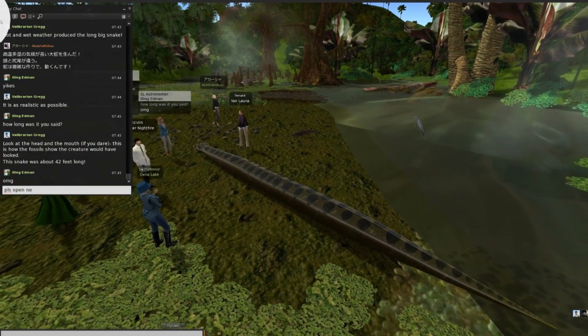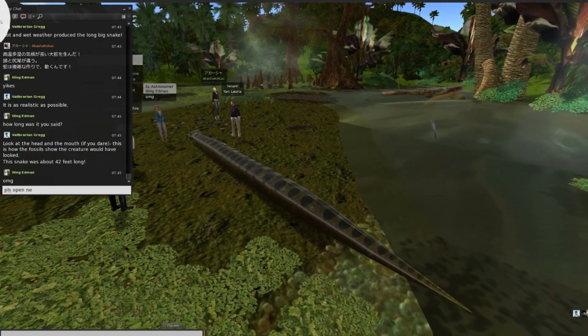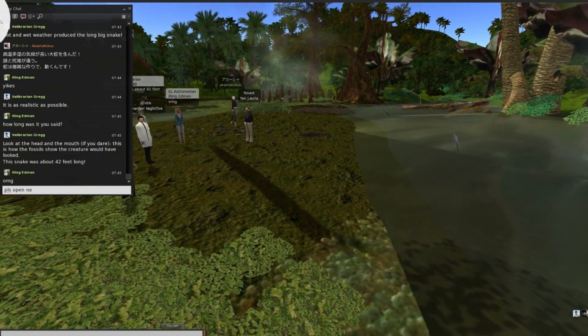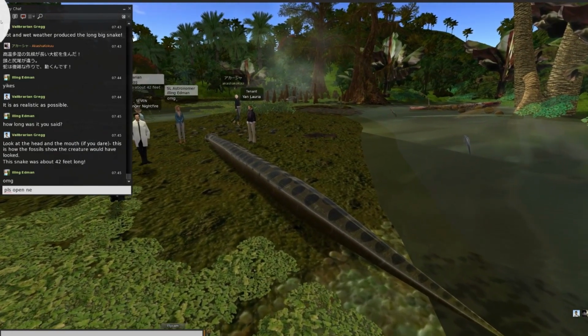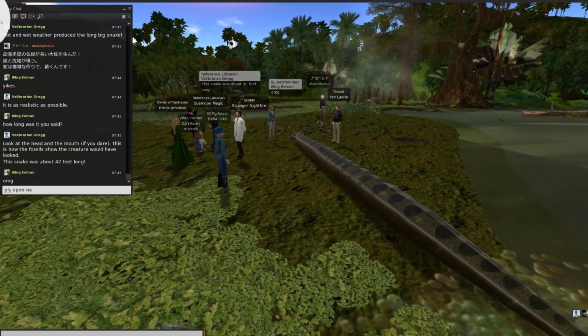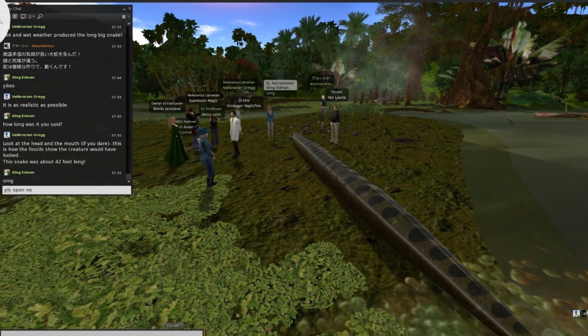I mean, think of your living room. How long is your living room? Very likely the snake would not have fit in your living room. So that gives you some sense of what this size was.